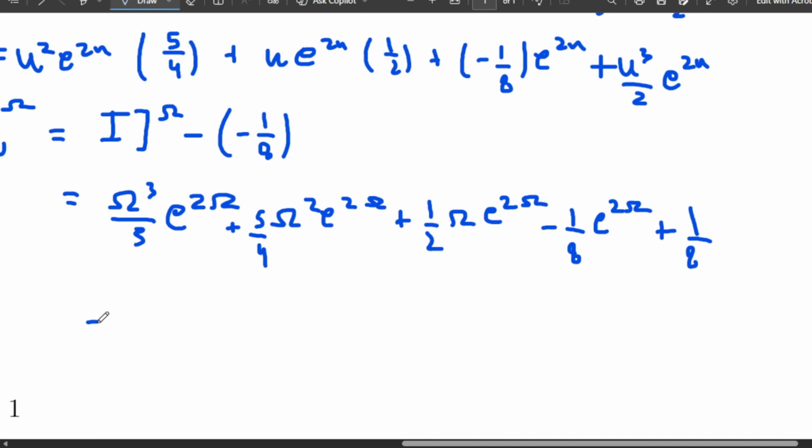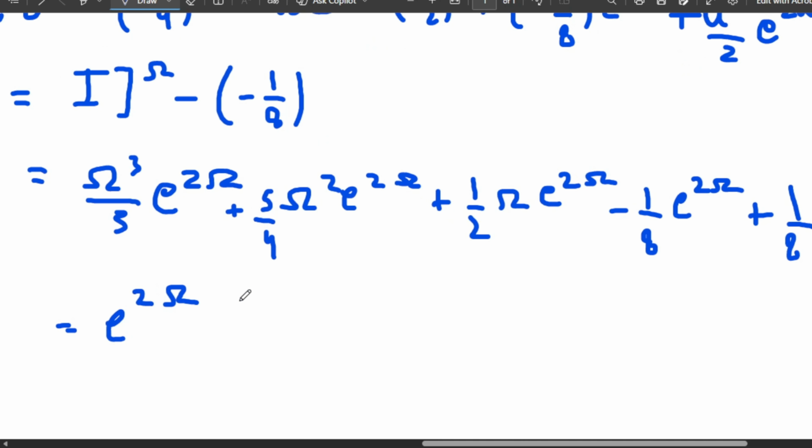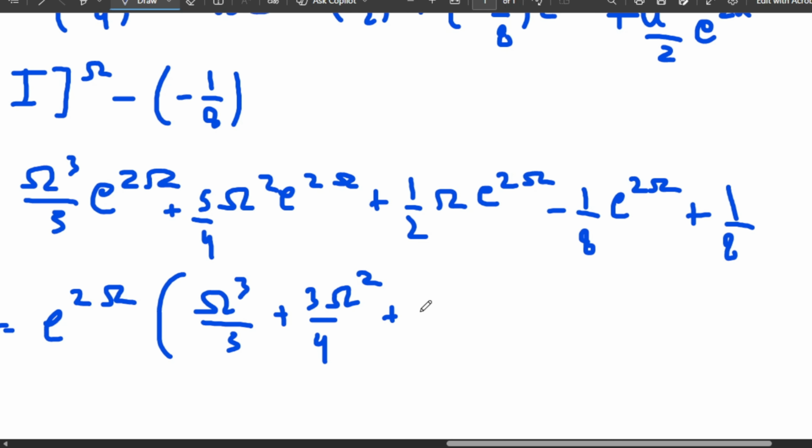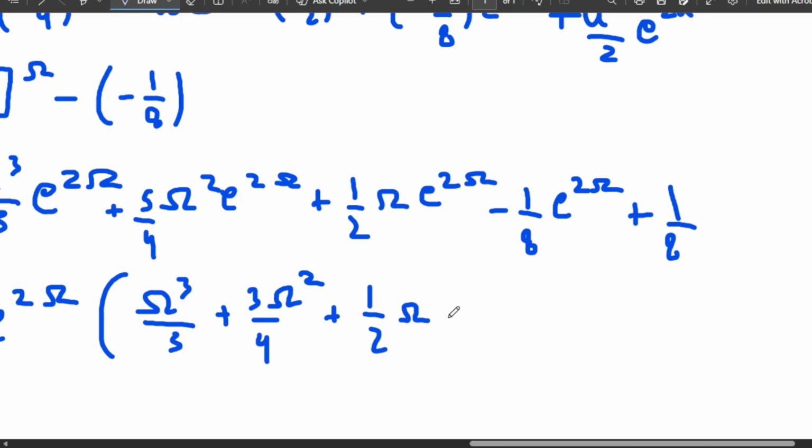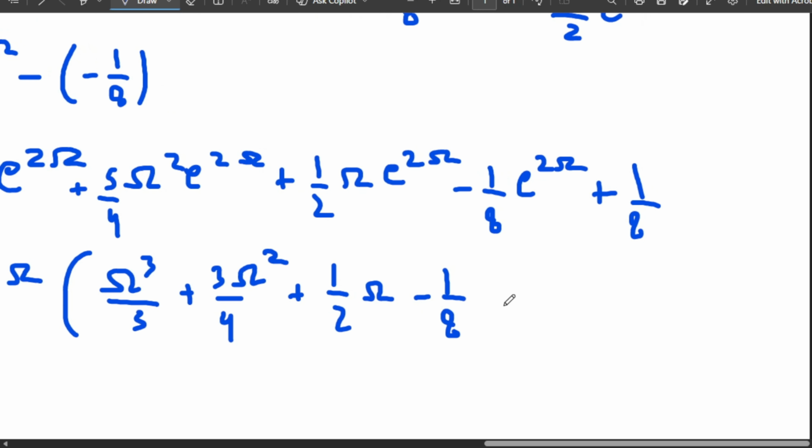Okay, let's group the e to the power of 2 omega, which leaves us with omega cubed over 3 plus 3/4 omega squared plus a half omega, and we minus 1 over 8 and plus 1 over 8.